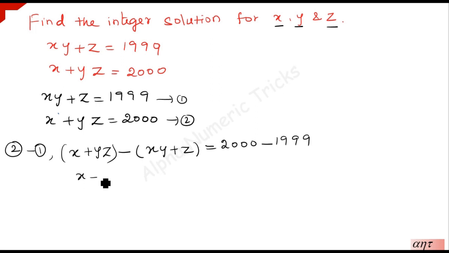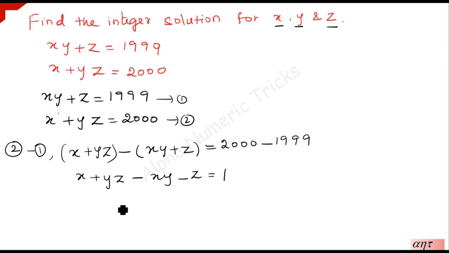So here we have x plus yz minus xy. You take this minus inside, so minus into plus, you have minus xy. Here minus into plus, you have minus z, is equal to 2000 minus 1999, which is 1.